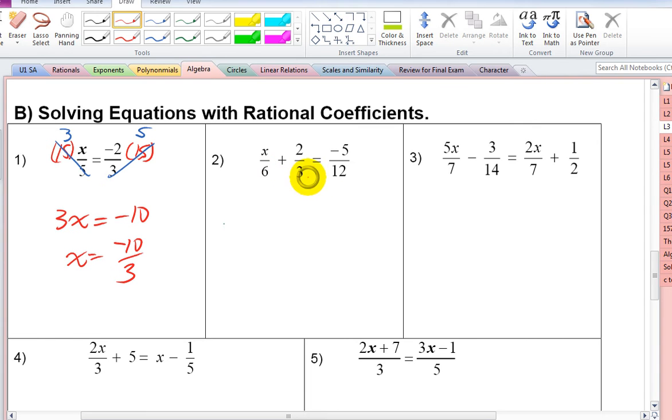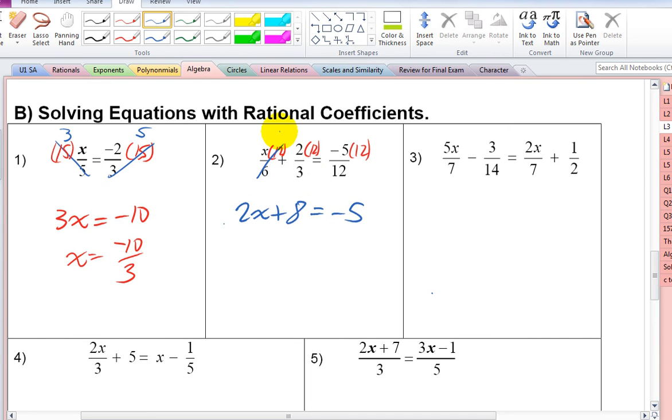6, 3, 12. We're going to multiply by 12 to get rid of those numbers. So times it by 12, 12, 12. Nicely cooked up. Not 12x, 2x plus 8 equals negative 5.